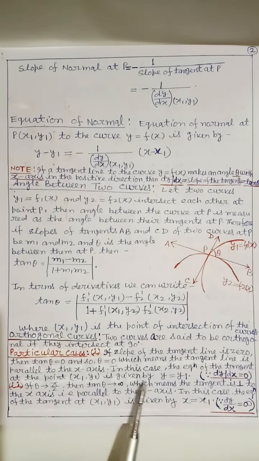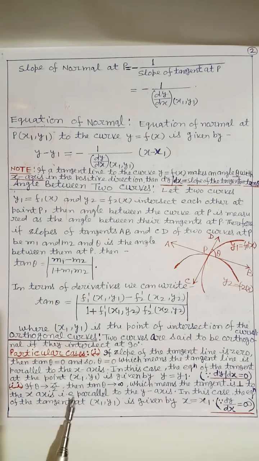If theta tends to pi by 2, then tan theta tends to infinity, which means the tangent is perpendicular to the x-axis, that is, parallel to the y-axis.